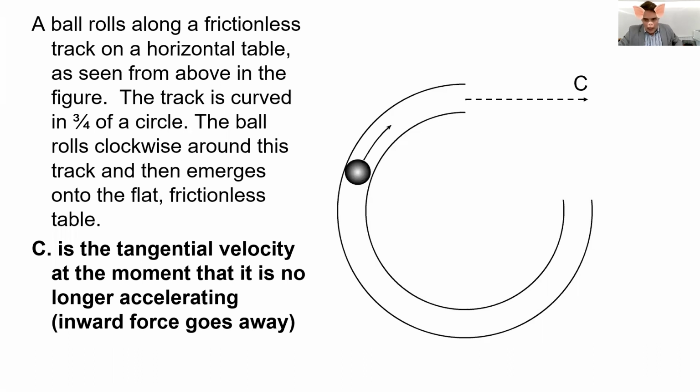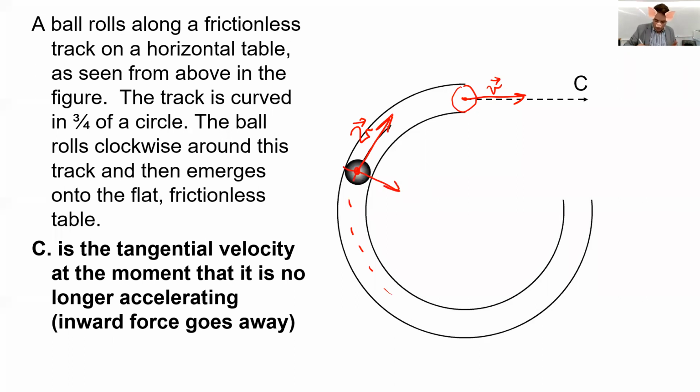So the idea is that you're looking down on it from above, and it's going in a circular path. At any point, its velocity is tangent to that circle. This is V, right? So when it's right up here, the velocity is tangent. But as soon as it emerges from the track, there is no inward force.